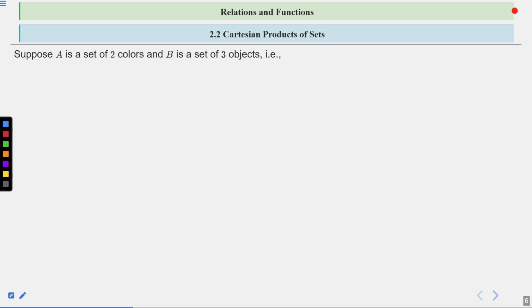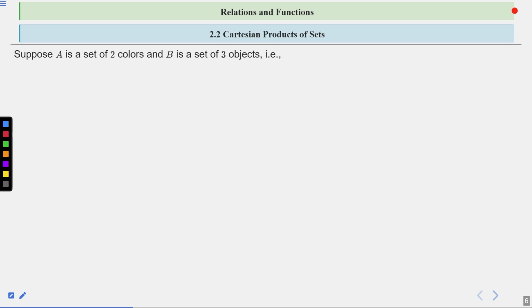Now, starting with Cartesian products. Starting with an example, suppose A is a set of two colors and B is a set of three objects.